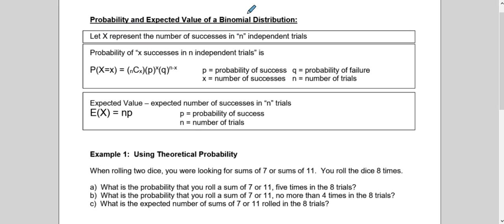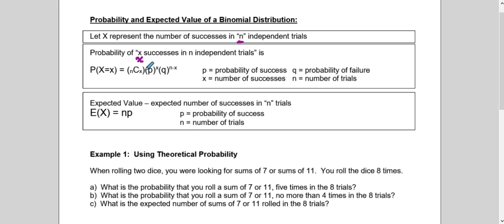For a binomial, we're going to let x represent the number of successes in n trials. If we go back to the previous question, we had 6 independent trials. The probability of a little x, and you'll see me write it like this, in n trials is this formula. So we can have multiple different successes.